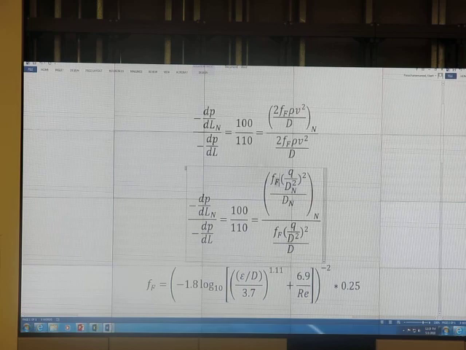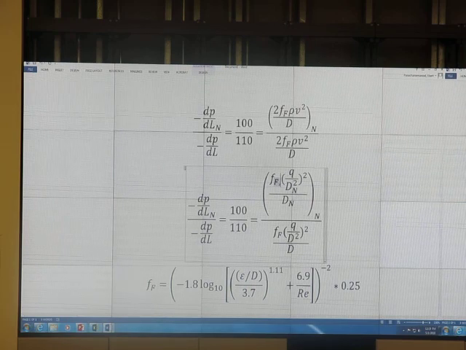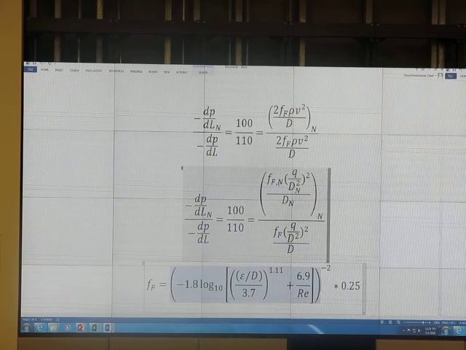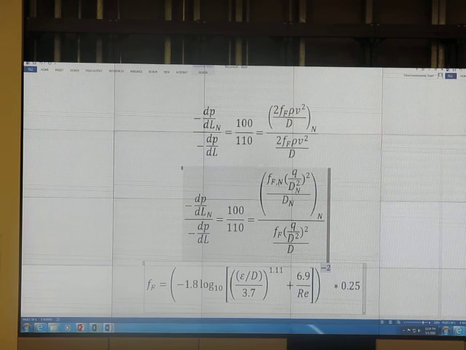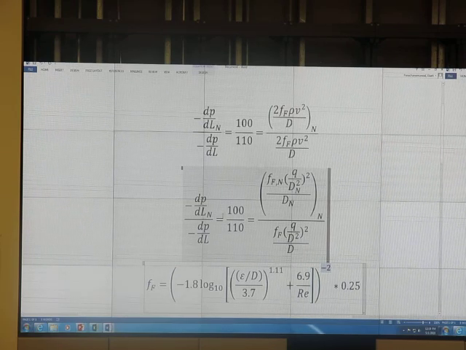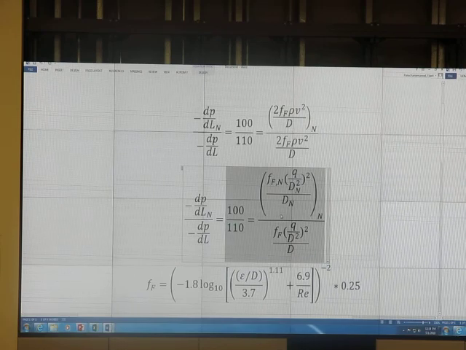F on the top will be F sub n, but on the bottom is a new F. So we use Solver to find a new diameter. This makes the equation satisfied. So it's one equation, one unknown. The only unknown is the pipe diameter after we have the deposition.